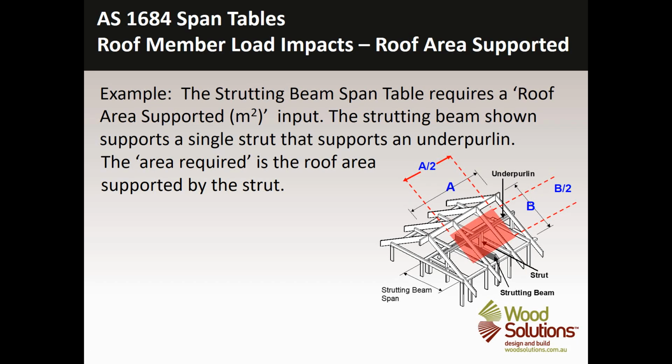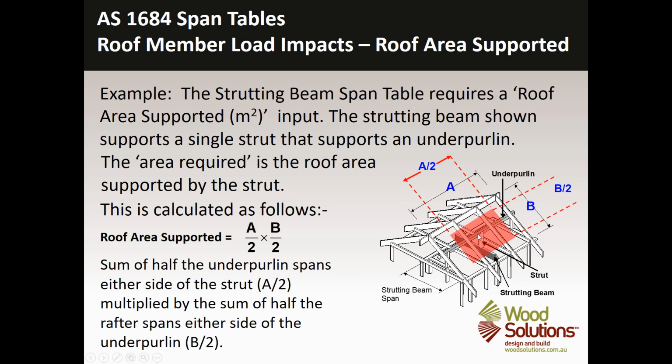Is that fairly straightforward? So these same diagrams are in the timber framing code as well. So if ever you're going into tables and you think, oh, actually, how do I calculate roof area supported by a strut? You can flick to the front of the timber framing code, and it has these diagrams in there explaining that.